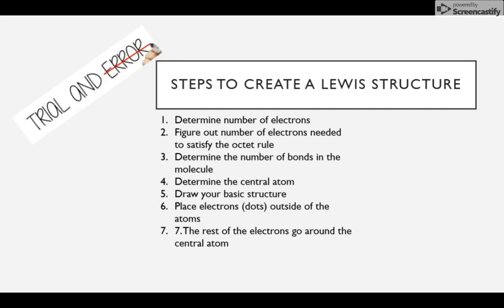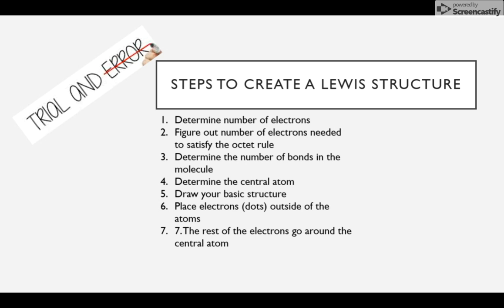So the first one is you have to determine the number of electrons of your molecule, and after that you figure out the number of electrons that are needed to satisfy the octet rule. After you do that, then you determine the number of bonds in the molecule, and then you determine the central atom.